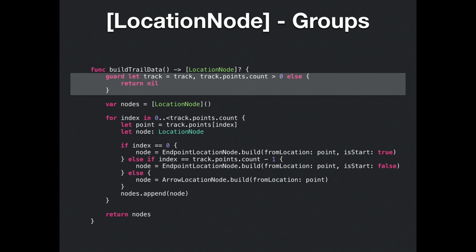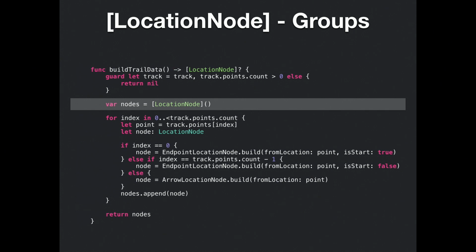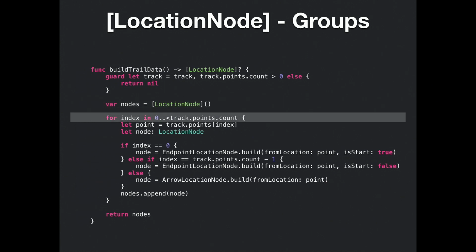So first, we make sure we have a track and make sure that we have more than 0 points. That's important. And then we're going to go and create a container, just an array where we're going to put these location nodes and hold on to them. And then what we're going to do is iterate over all of these track points, and essentially we're going to go and translate them into these 3D objects that we will then render.